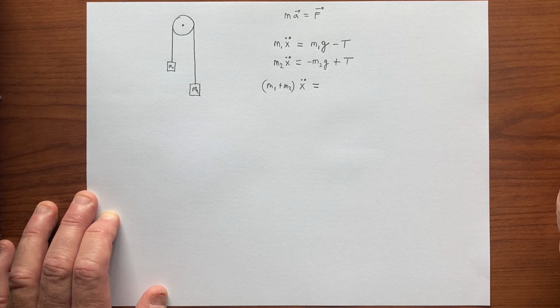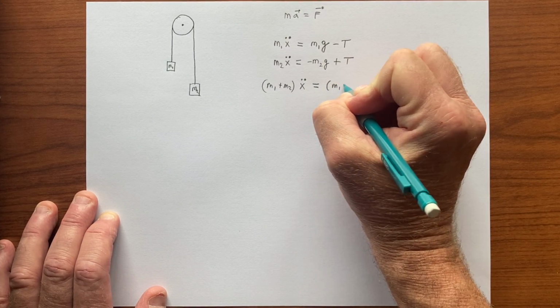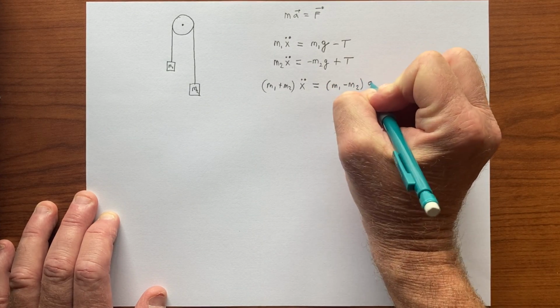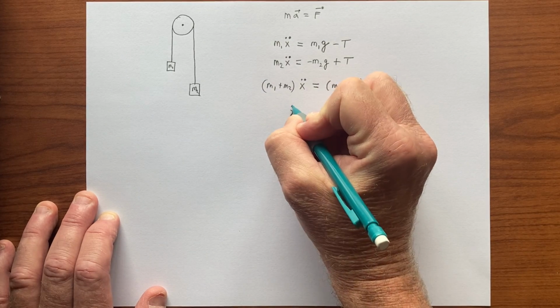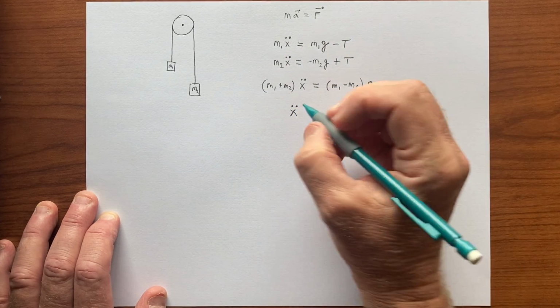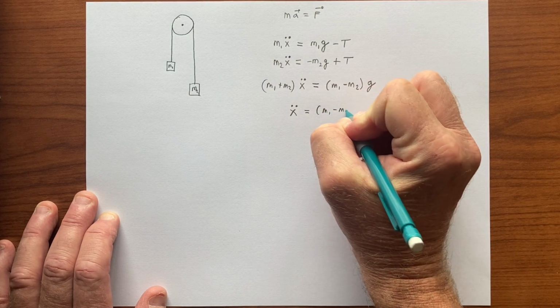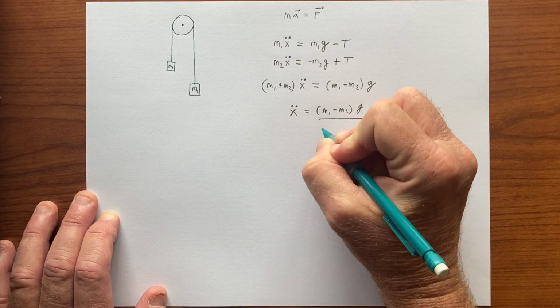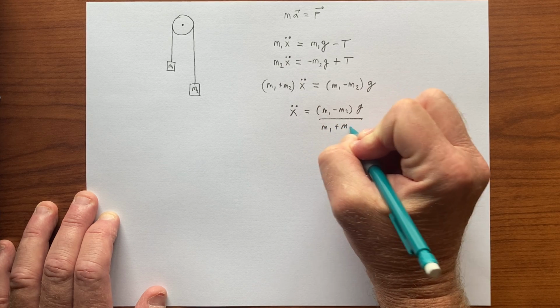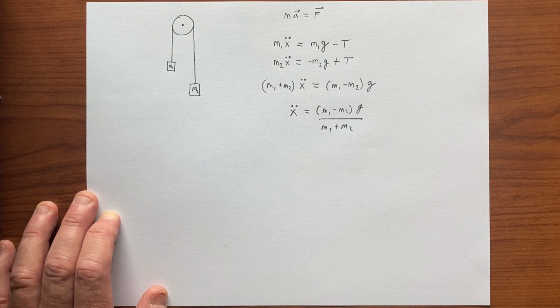We get rid of the tensions, and we get (m1 minus m2)g. And so the acceleration is equal to that.